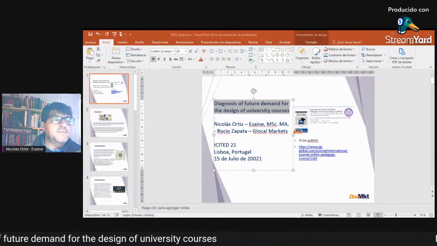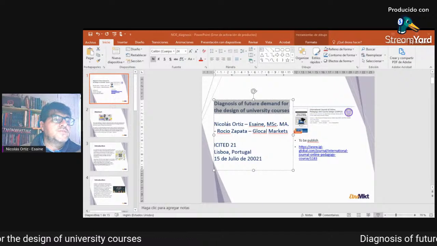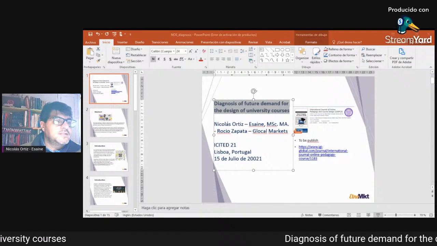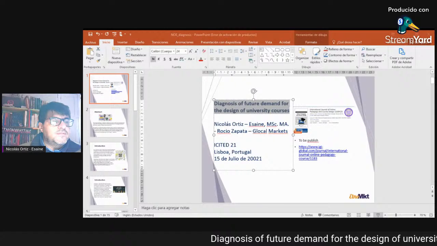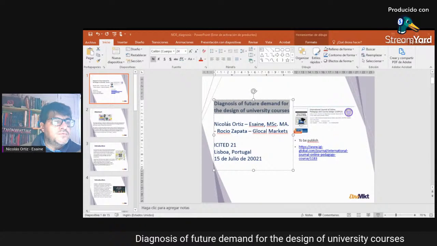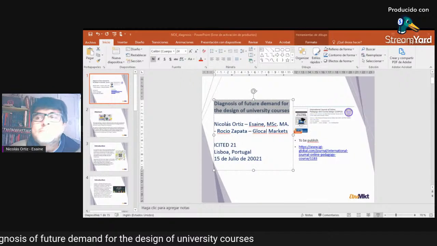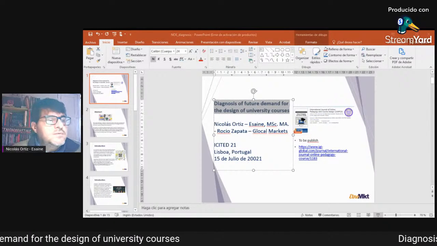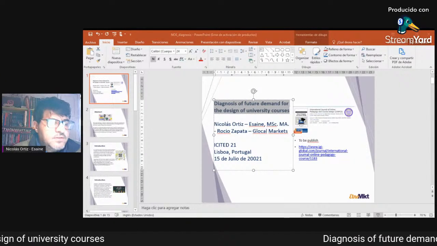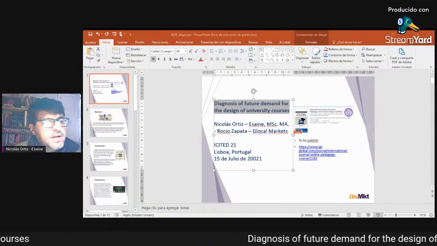And now, the universities face the most intense period of crisis, or revision. The pandemic had some impact on the way the new jobs and new university careers have to be.